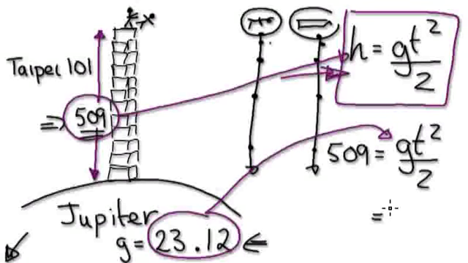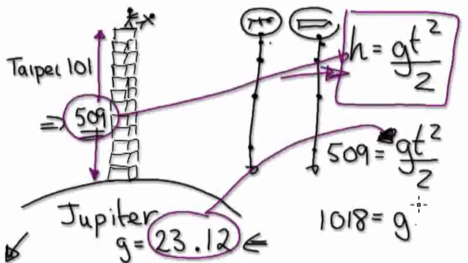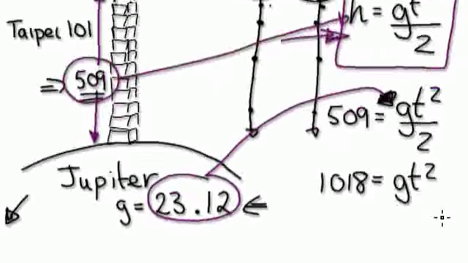So now I'm going to times both sides by 2. You see what I mean when I say I leave it to the end regarding the gravity. So it would be 1018, this times 2, and then this times 2 would be GT squared.